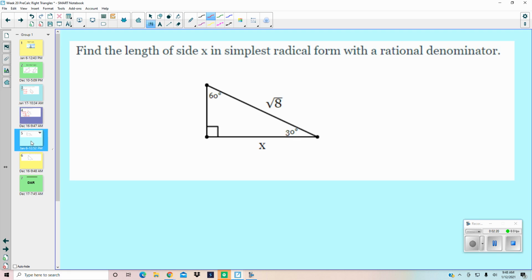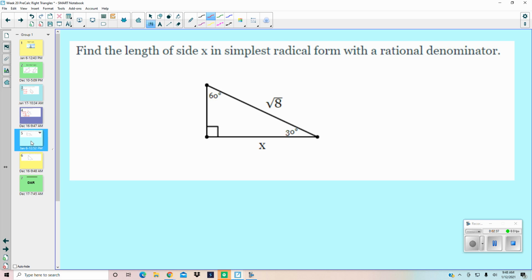Here, you're finding the length of a side in simplest radical form with a rational denominator, and it's a 30, 60, 90 triangle. And you can use trigonometry or SOHCAHTOA.